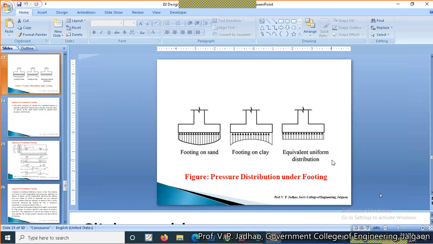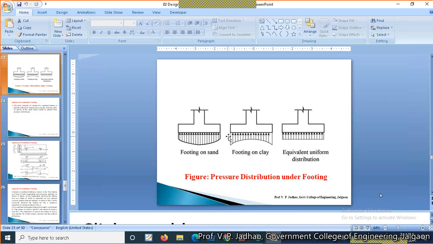Whereas for simplicity in design, we will be considering that the pressure distribution throughout the length of the footing will be uniform. This is only our assumption, because it will be very difficult to analyze and design the footing considering every soil type.